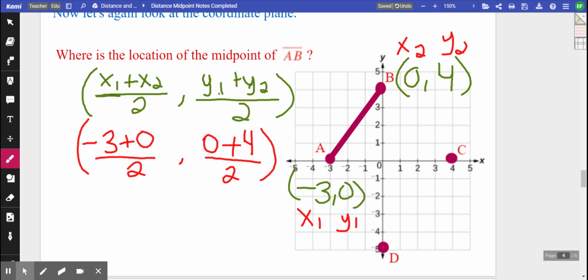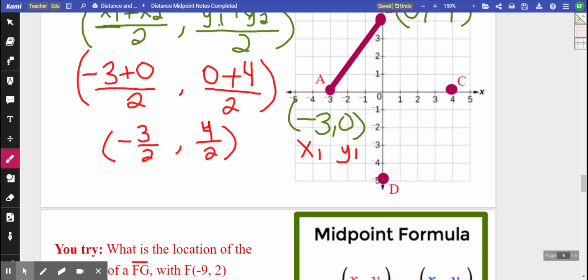And then let's simplify. -3 plus 0 is -3, comma, 0 plus 4 is 4. The last step: -3 over 2 is the same thing as -1.5. You can leave it as a fraction if you would like, or you can leave it as a decimal. 4 divided by 2 is 2.